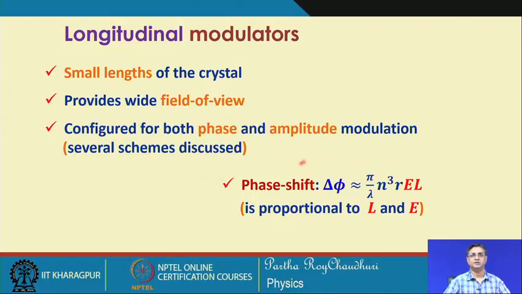In such a longitudinal modulator case, the phase shift that is obtainable is proportional to the length of the crystal, L, and E is the electric field. We have seen this with many examples: it is proportional to L and E, the applied voltage and the length of the crystal.